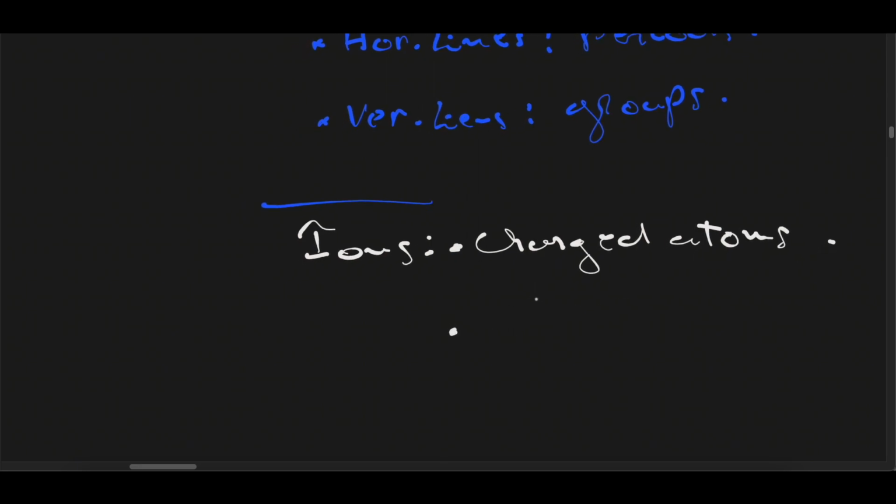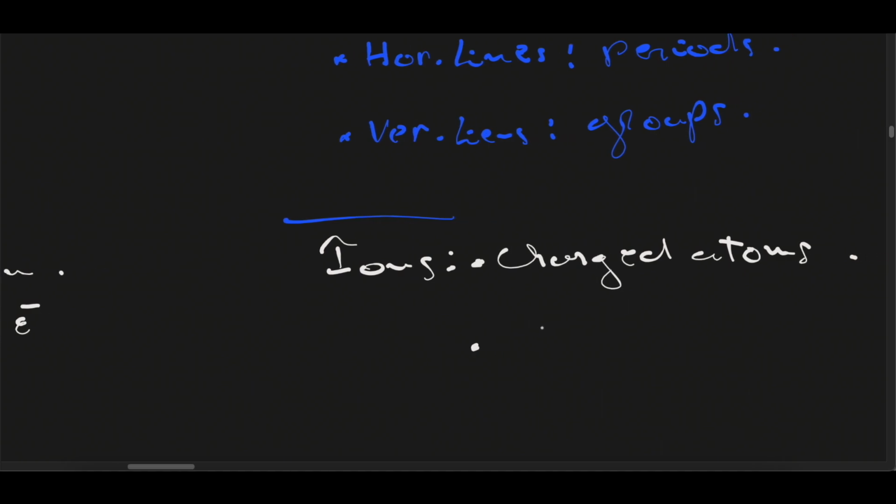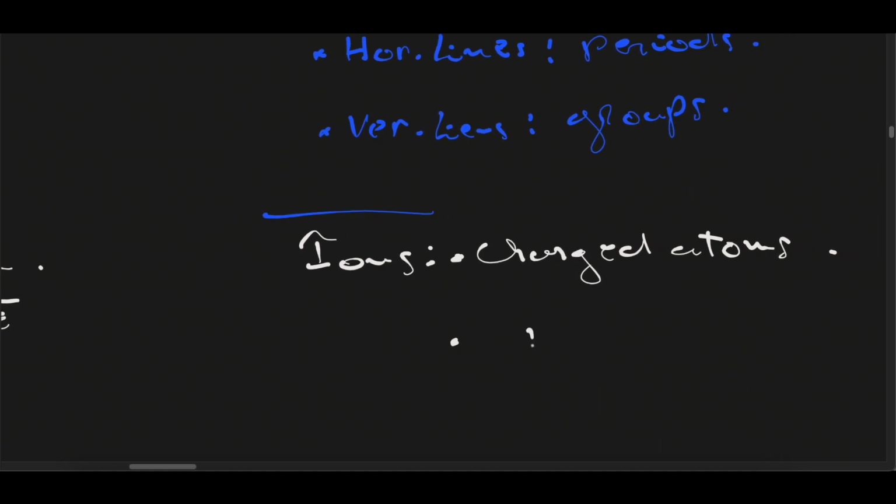Because in a neutral atom, the number of protons is equal to the number of electrons. But in charged atoms, the number of protons is different from the number of electrons.